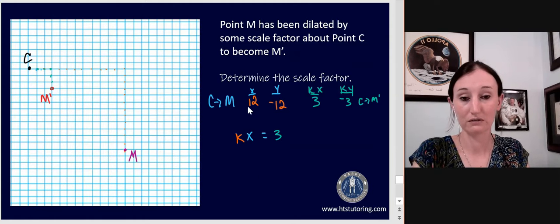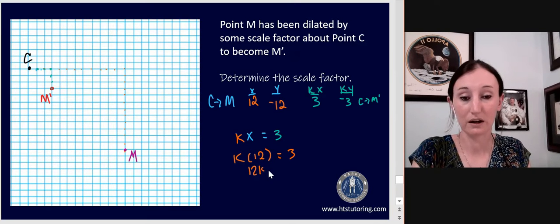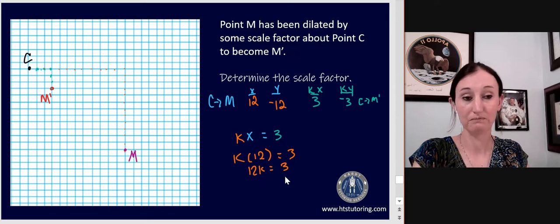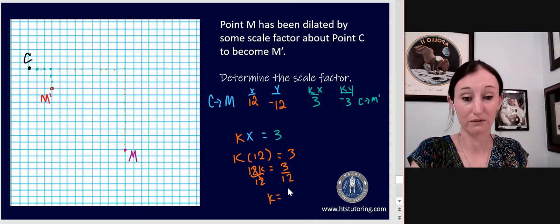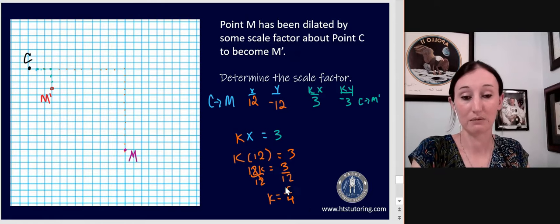We have k times 12, our original x value, equals 3. So now I have 12k equals 3. Divide both sides by 12, and I get k equals 3/12, or simplified 1/4. So that's what I'm saying the scale factor is, 1/4.